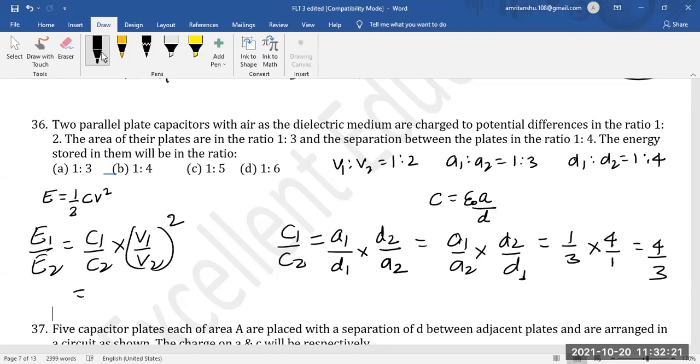We have already calculated C1 by C2 as 4 by 3. V1 by V2 is how much? Potential difference is 1 is to 2, and 1 is to 2 whole square is 1 by 4, which gives 1 by 3. So the answer for this is A.